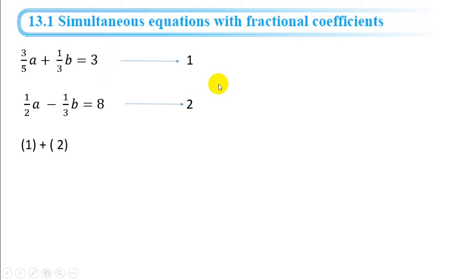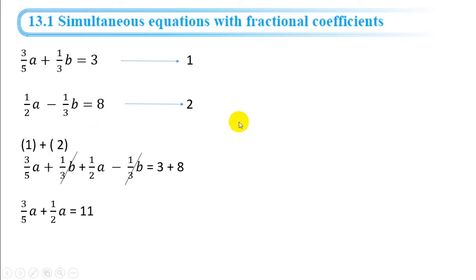Simply I can add equation 1 and equation 2 since the operators are different, so I rewrite as 3 over 5a plus 1 over 3b plus 1 over 2a minus 1 over 3b equals 3 plus 8. So 1 over 3b I can simply cancel. The remaining terms are 3 over 5a plus 1 over 2a equals 11.